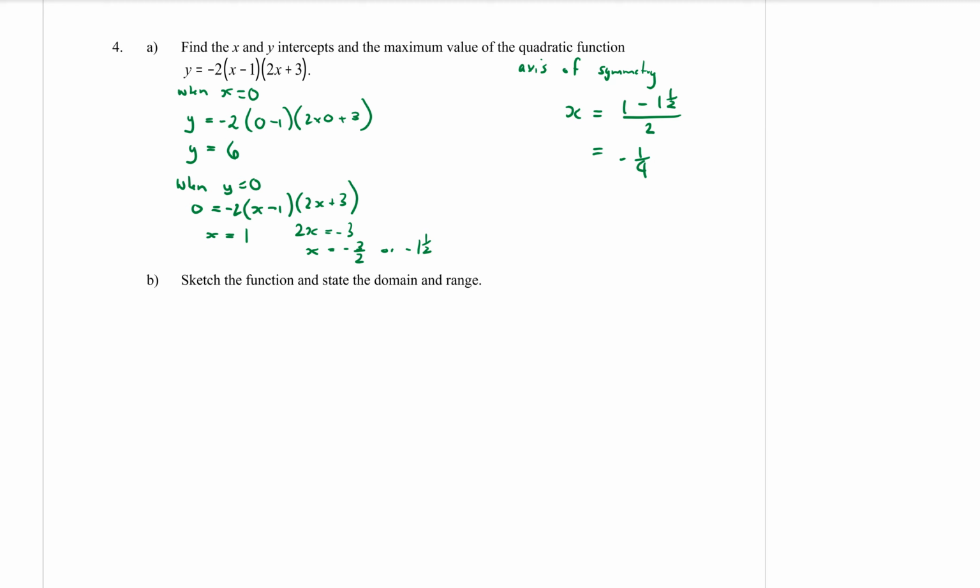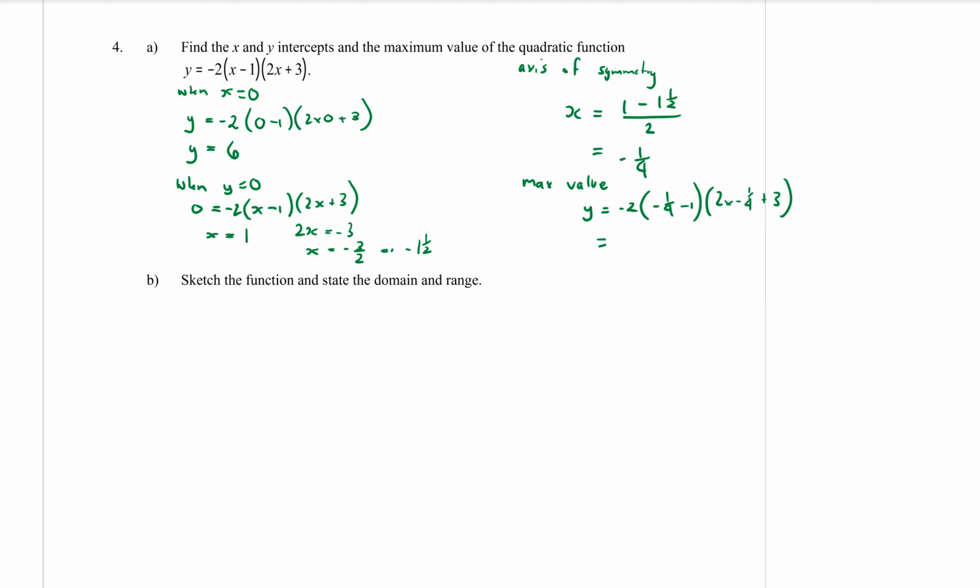We need the y value, so we sub that back in, because that's going to give us the maximum value. y equals, into the original equation, negative 2, negative a quarter minus 1, 2 times negative a quarter plus 3.